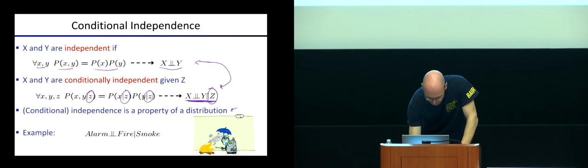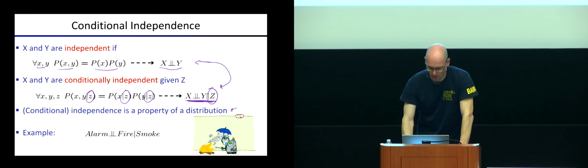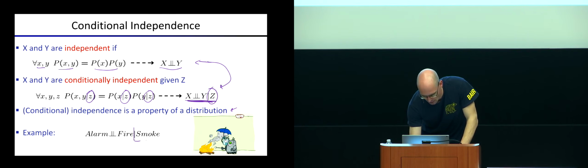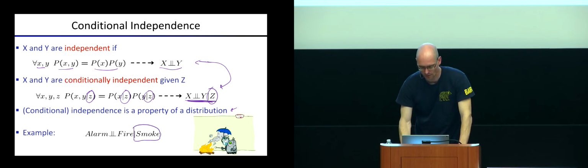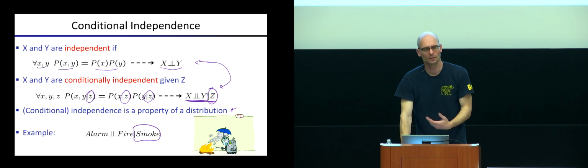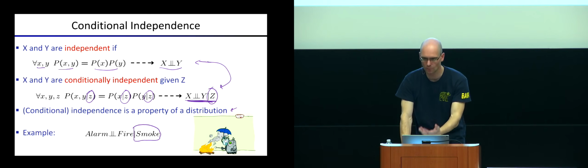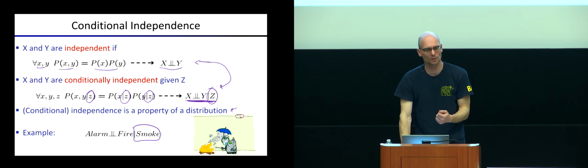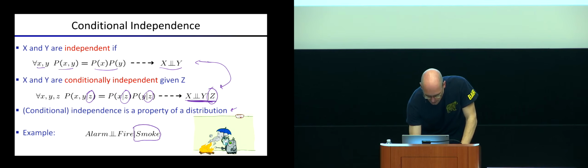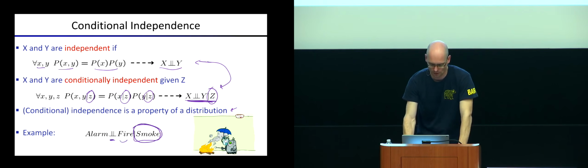Well, if we know there is smoke, so we're conditioning on smoke, knowing whether or not there is fire doesn't tell us anything new about whether the alarm will go off or not, because we, in this model of the world, assume the alarm is triggered by smoke, and so once we know there is smoke, it doesn't really matter what caused that smoke. The alarm will be triggered based on that smoke. And so the alarm going off or not is independent of fire, given we already know there is smoke.